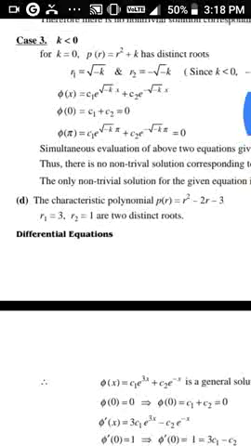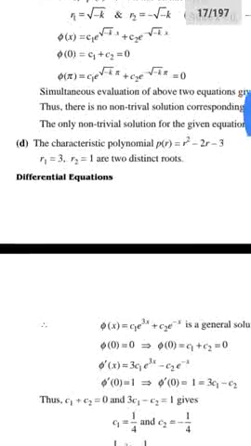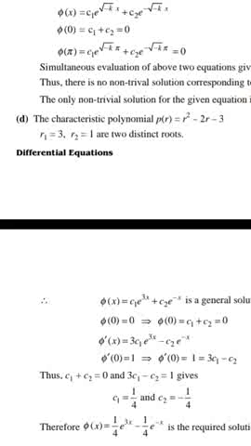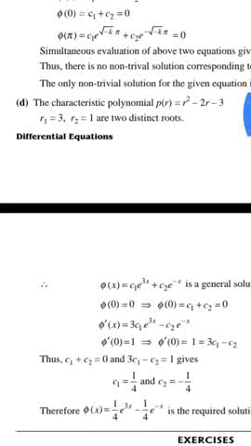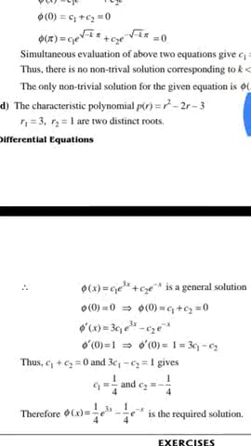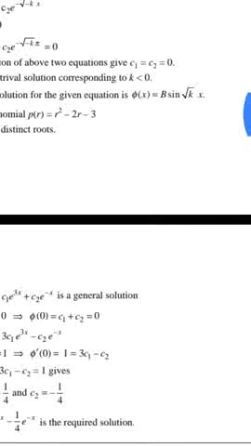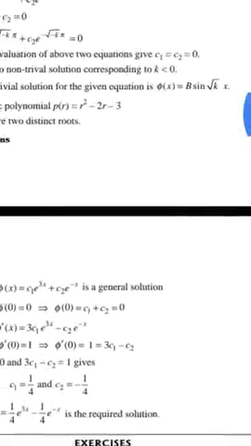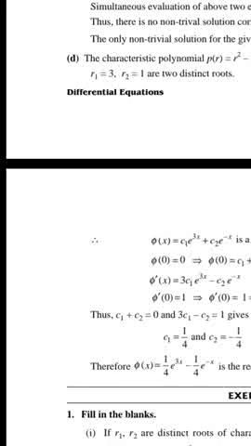Phi of 0 is equal to c1 plus c2 is equal to 0. Phi of pi is equal to c1 e raised to square root of minus k pi plus c2 e raised to minus square root of minus k pi is equal to 0. Simultaneous evaluation of the above two equations gives c1 is equal to c2 is equal to 0.